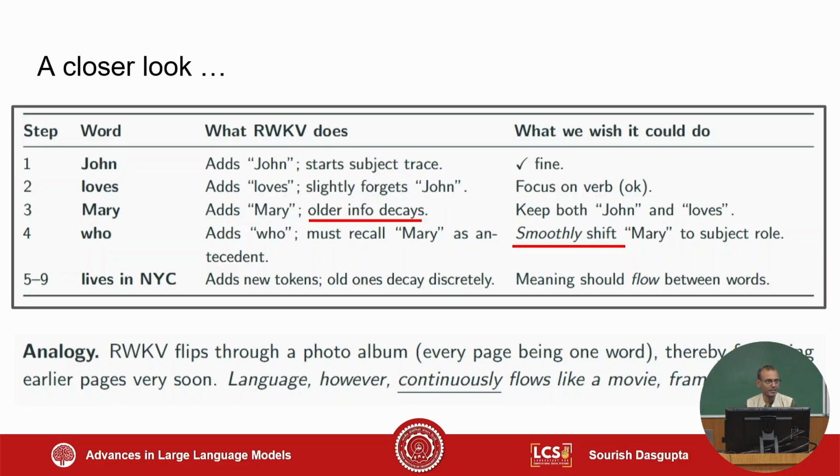You feel like it's continuous. Even within one scene of a movie there are multiple frames, but you don't feel that. You feel like this is one single scene, one single event that is happening within that scene. That's how language is, versus what Rockover does.